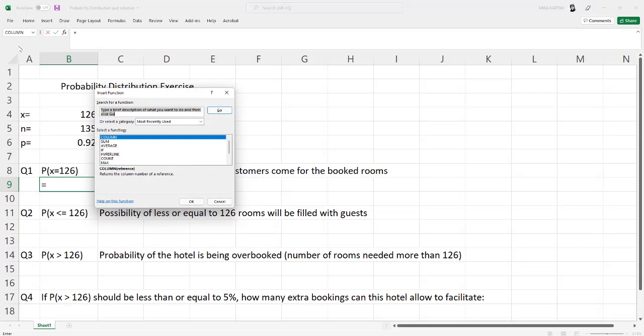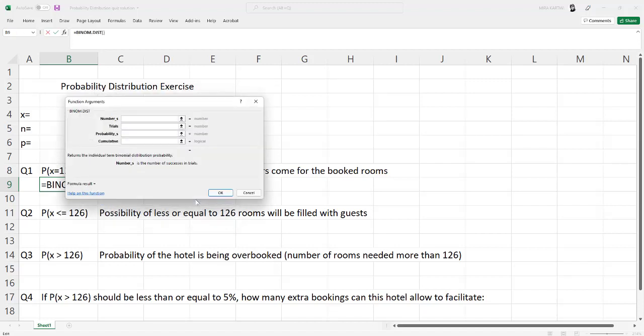So we can insert a function and put binomial. These are the pieces of information needed. The number of successes in the trial, so in this case we're going to put 126.